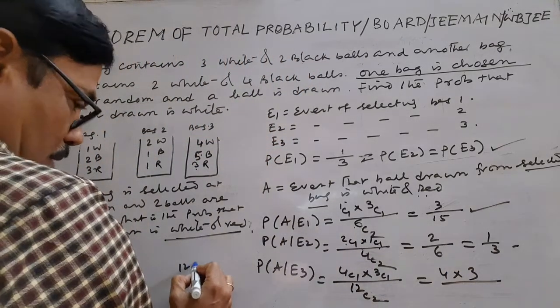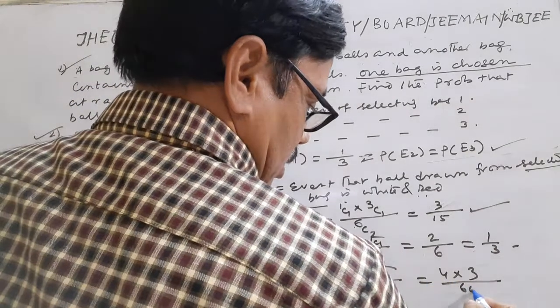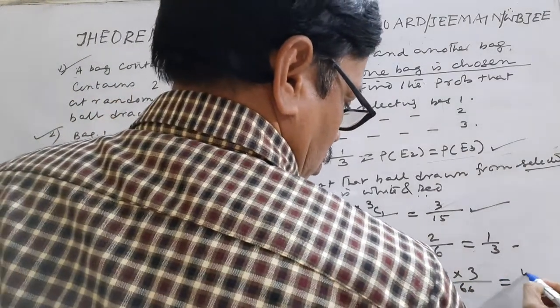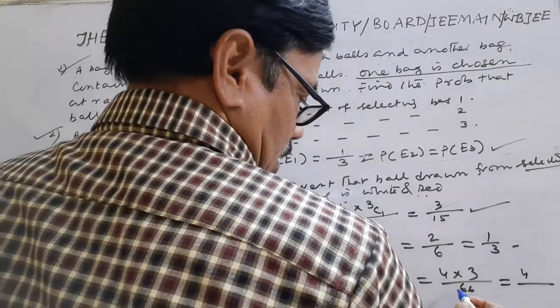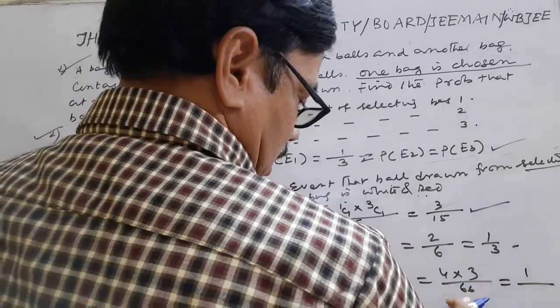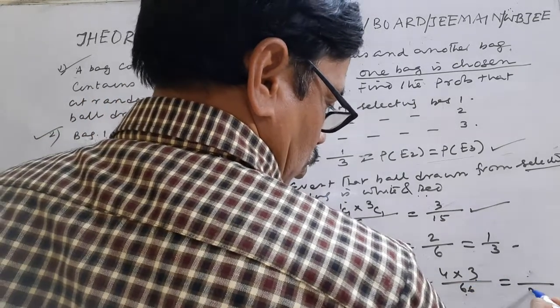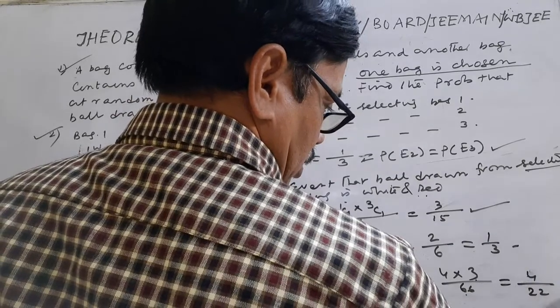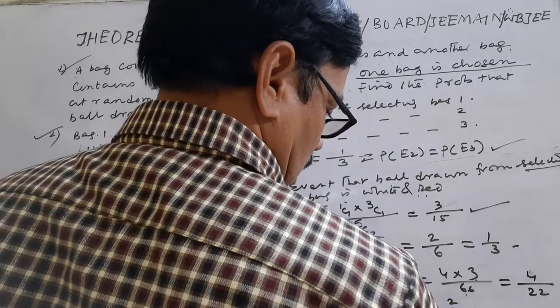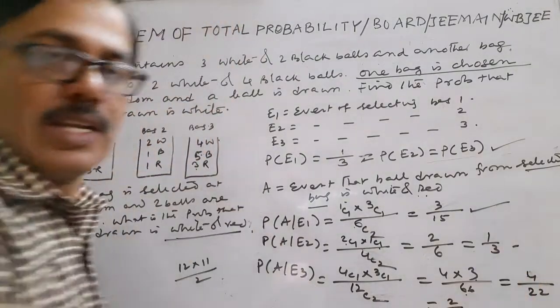So 12 into 11 by 2. So this is 66. So 12 by 66. It is divisible by 6. So this is 2 by 11.